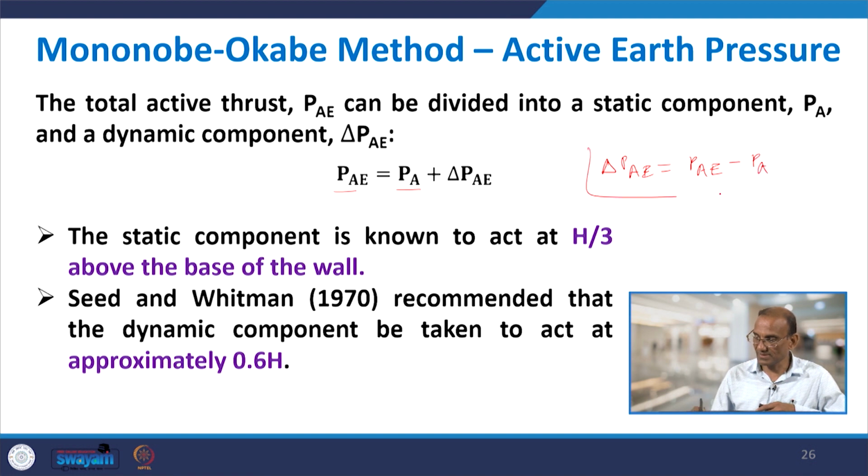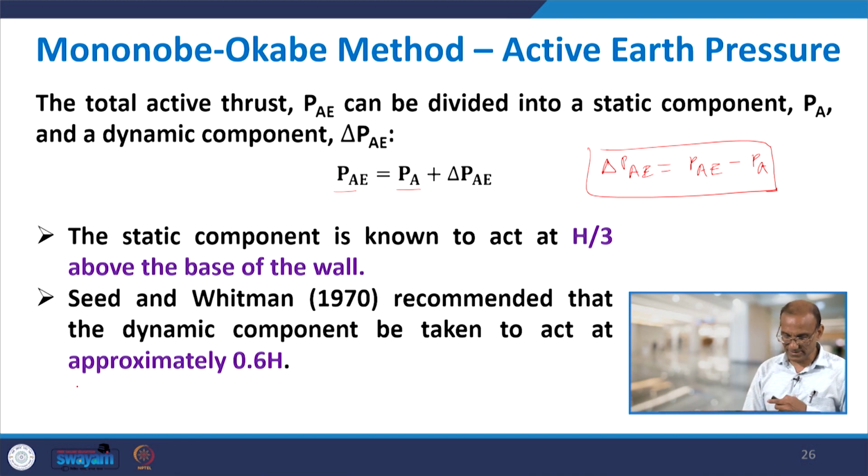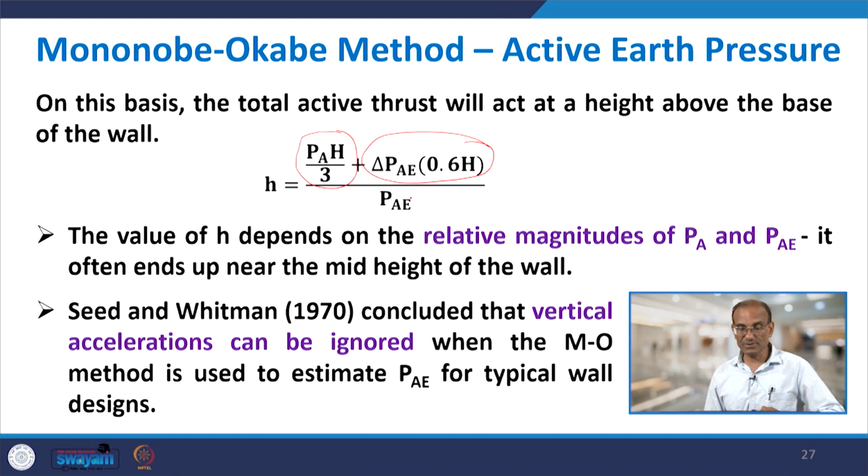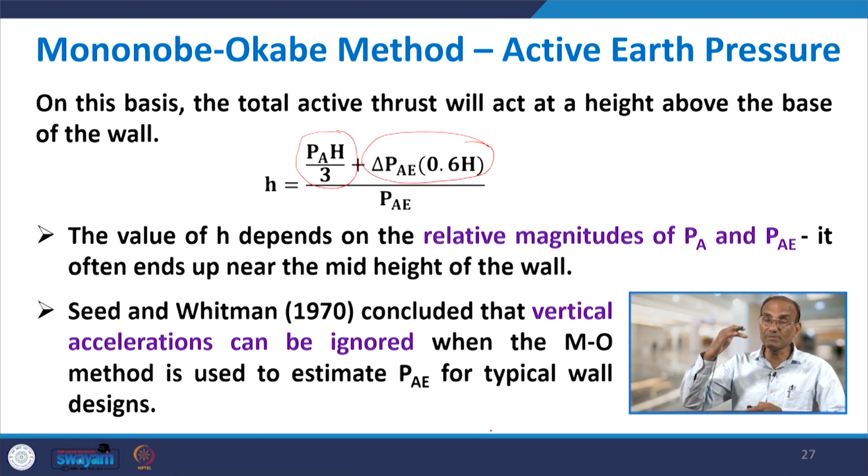Using this you find the value of delta PAE, and now PA is acting at h by 3, and delta PAE, the dynamic component, is normally considered to be acting at approximately 0.6 h, as recommended by Seed and Whitman. The total thrust will act at a height h above the base, where this is the contribution from the static component and this is the contribution from the dynamic component, divided by the total pressure. Using this you can find the value of h from the base where this total thrust acts.